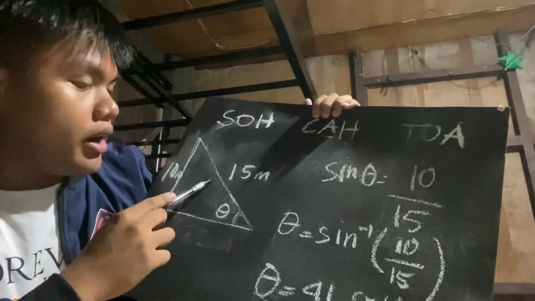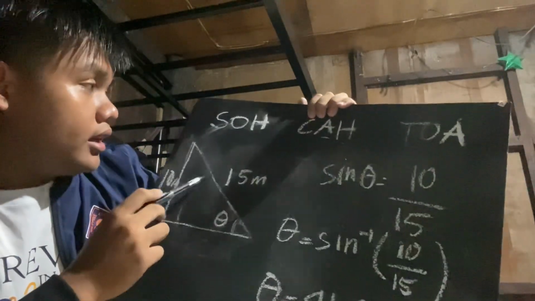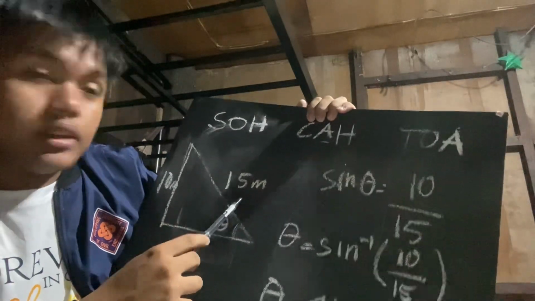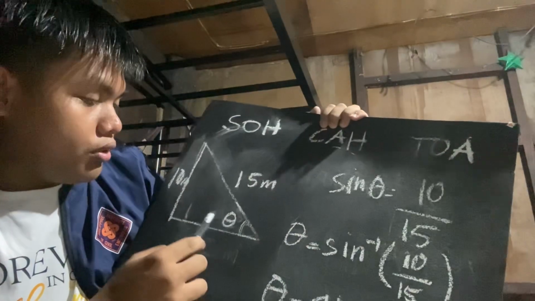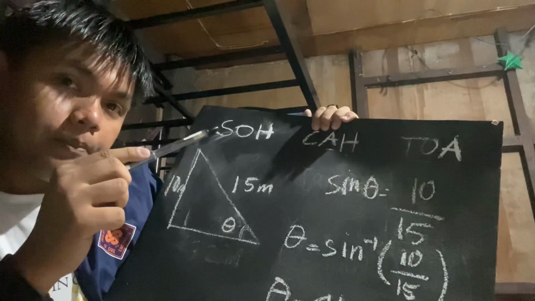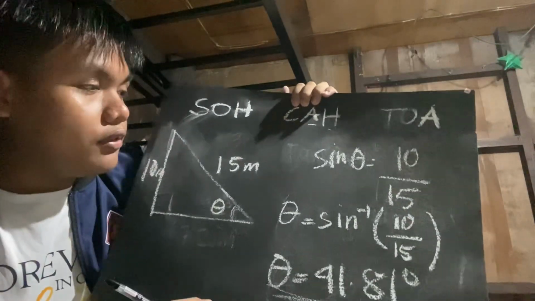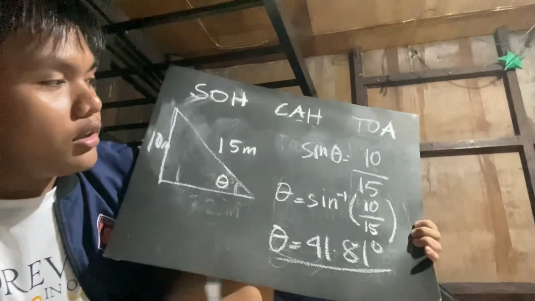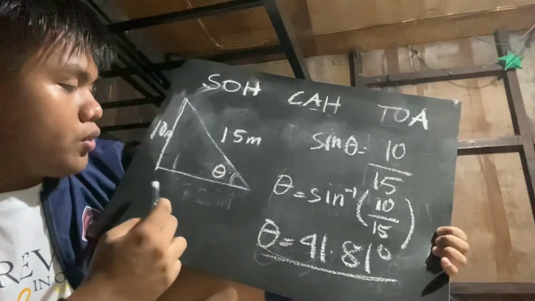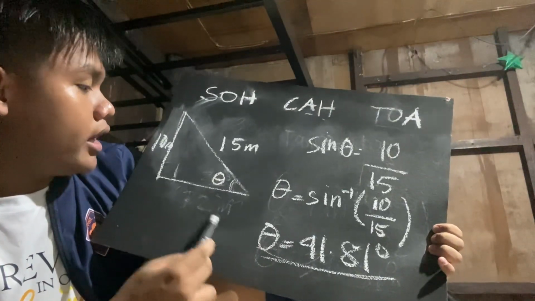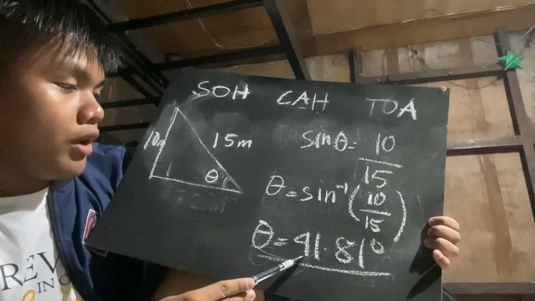If you manipulate the equation, we will come out with x equals 10 over sine 41.81.